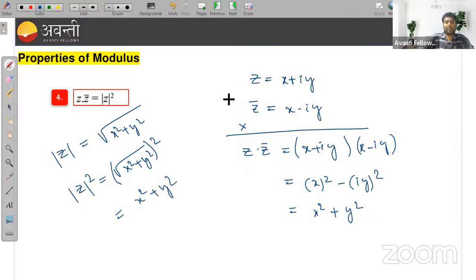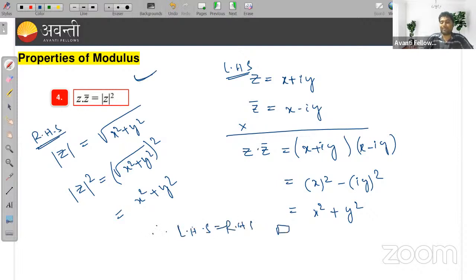Here we have the left hand side and this is my right hand side. From here we can observe we have proved this property. Hence LHS is equal to RHS, and it is proved. So remember, Z into conjugate of Z always gives you the square of the modulus of Z.